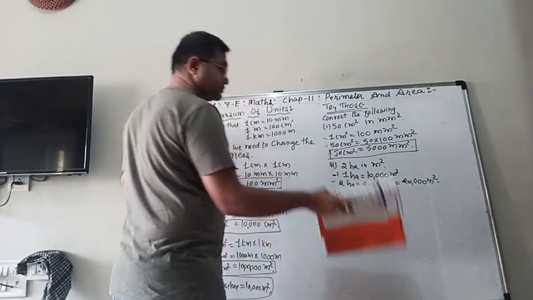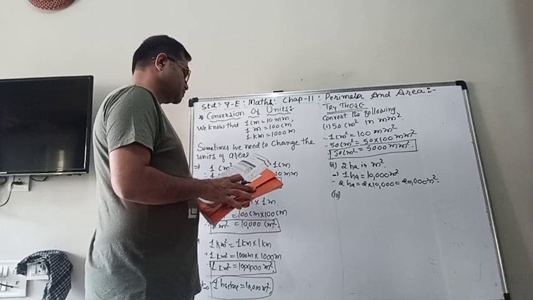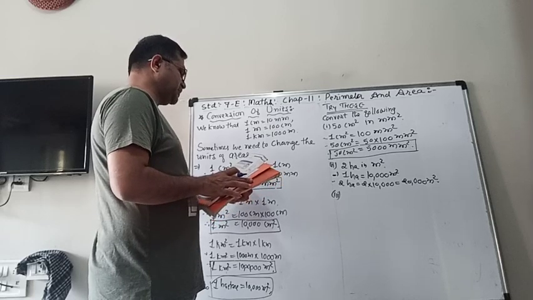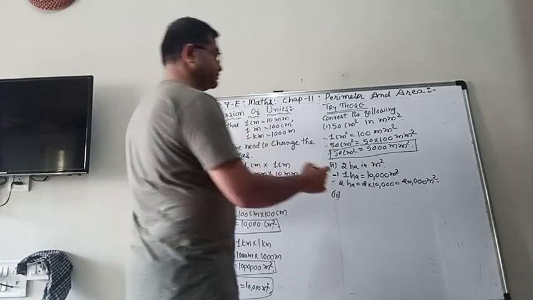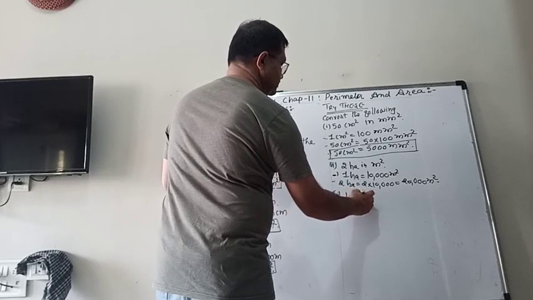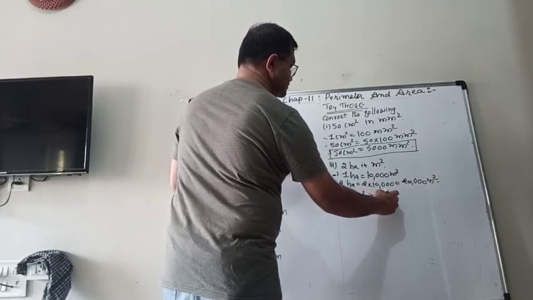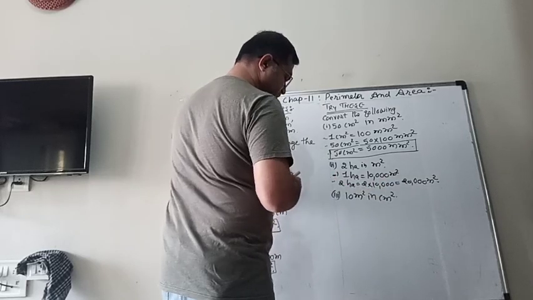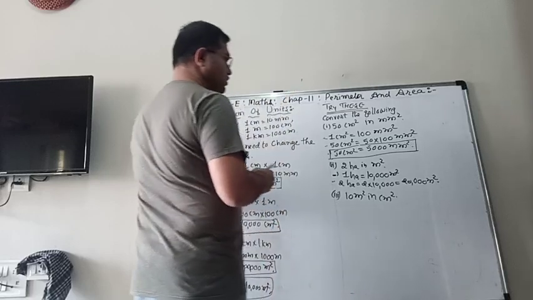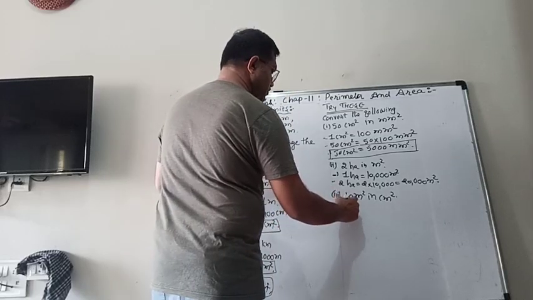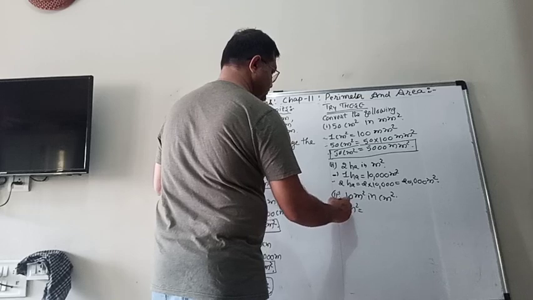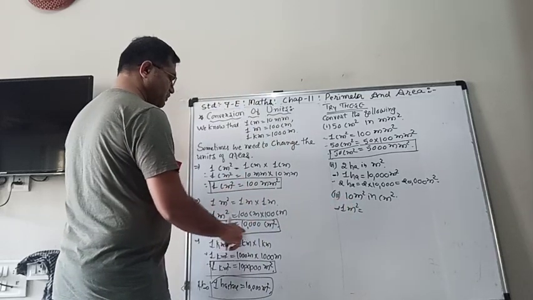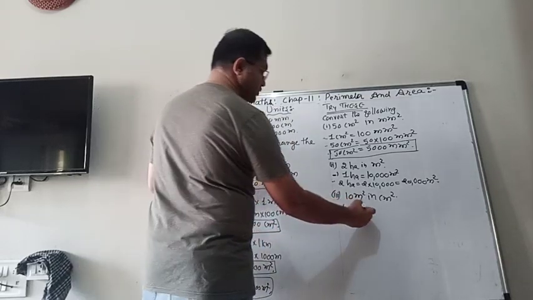Third one is 10 meters square in centimeter square. So now we know that 1 meter square is equal to 10,000 centimeter square.